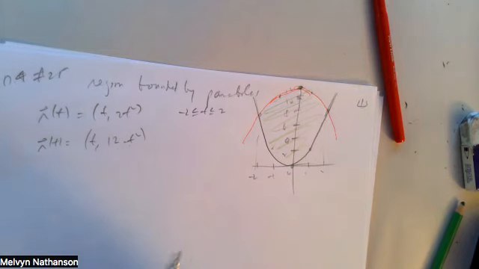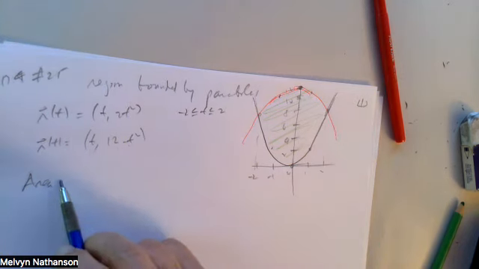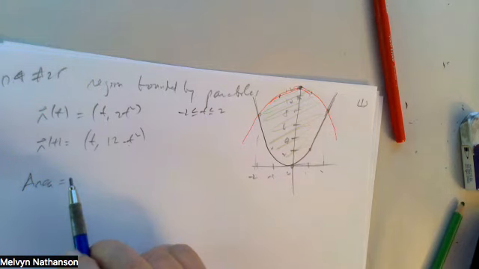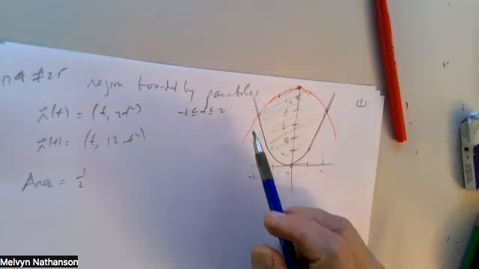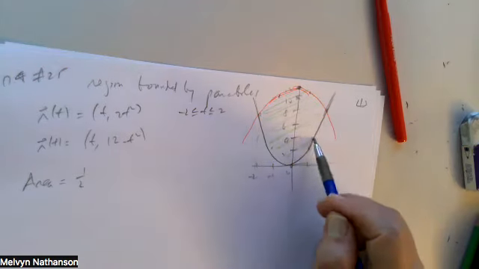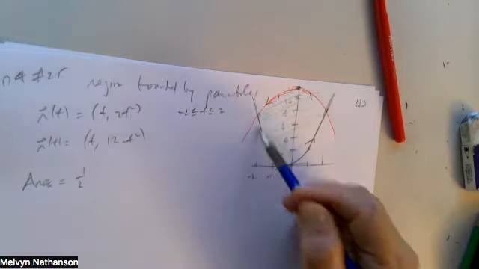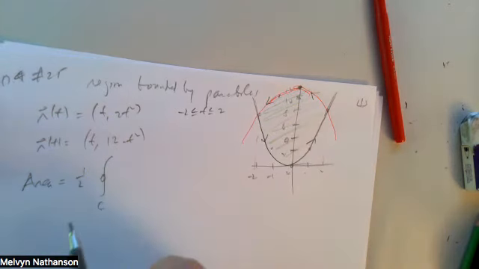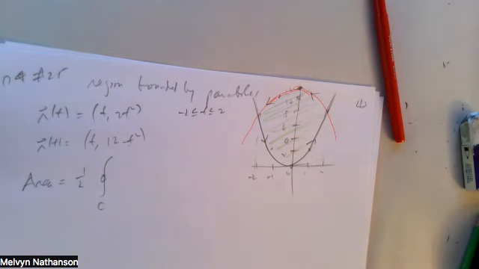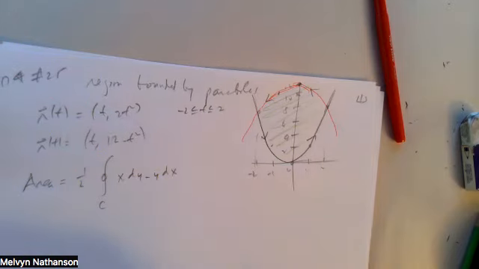So we want to find the area using Green's theorem. So let's do it in the form of 1/2 the line integral. If you go around the region, x dy minus y dx.